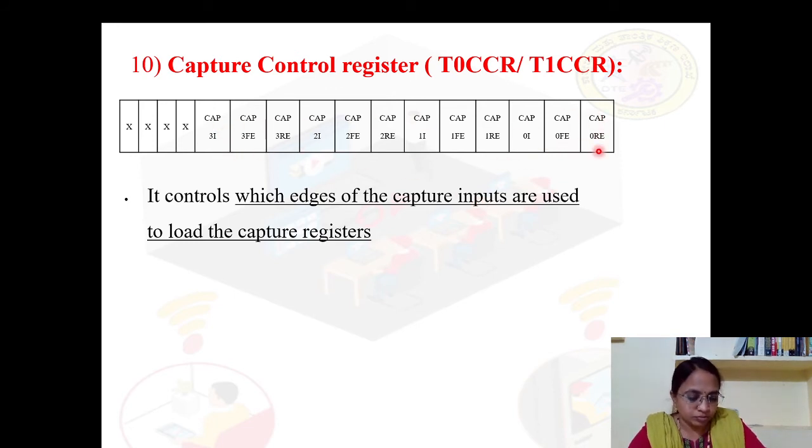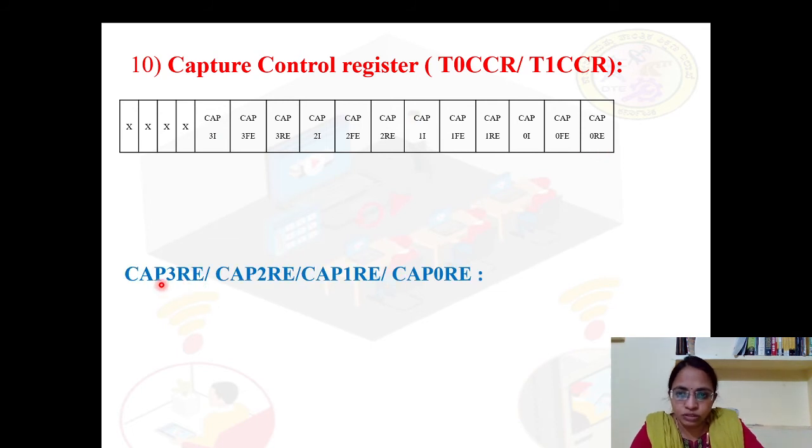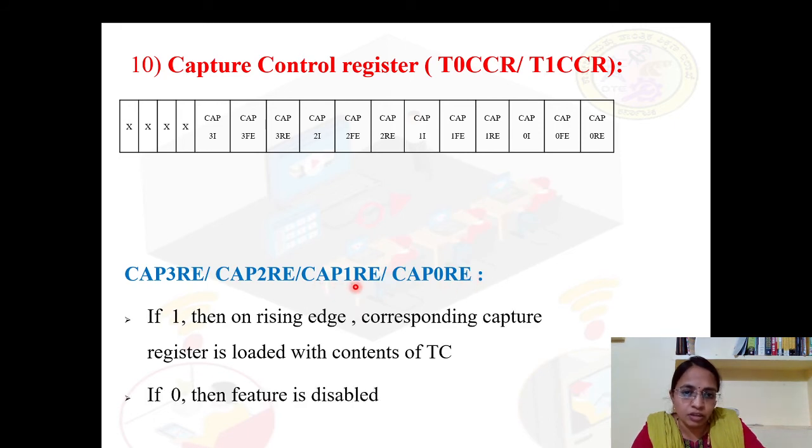If these RE bits, capture register 0 RE, capture register 1 RE, or capture register 2 RE, are set equal to 1, what does it indicate? The capturing action will happen on the rising edge of the capture input. If it is 0, then nothing will happen. But if these are set equal to 1, then on the rising edge, the timer counter value will be copied into the capture register.